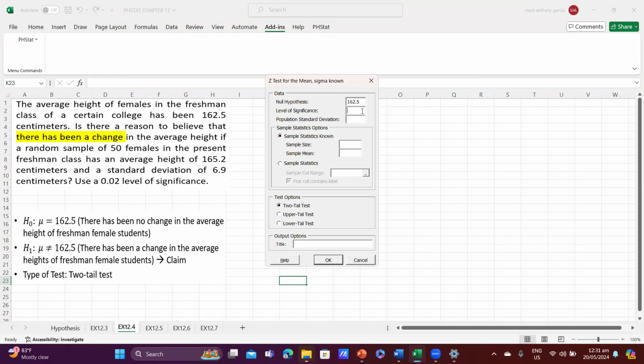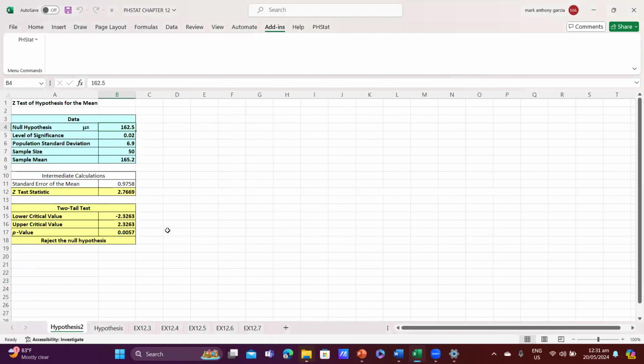The level of significance is 0.02. The population standard deviation will be replaced by the sample standard deviation of 6.9. Our sample size is 50, and the sample mean is 165.2. And then since this is a two-tailed test, we pick two-tailed test and then press OK.